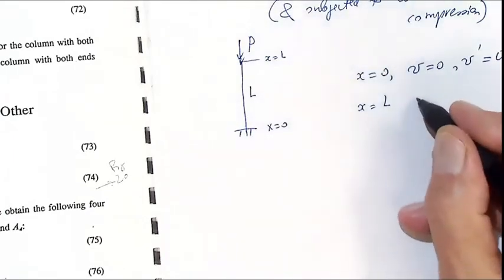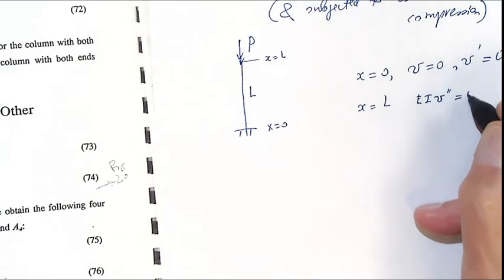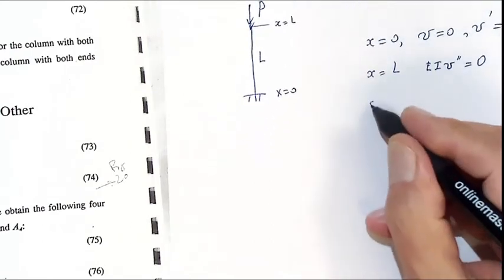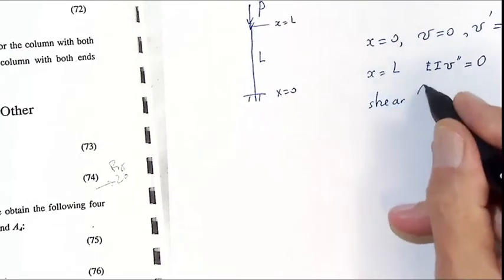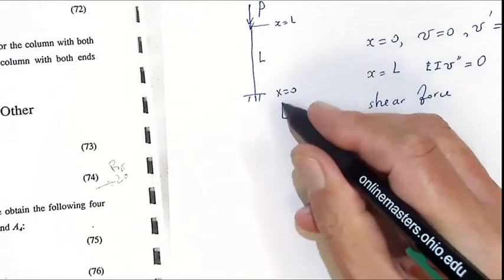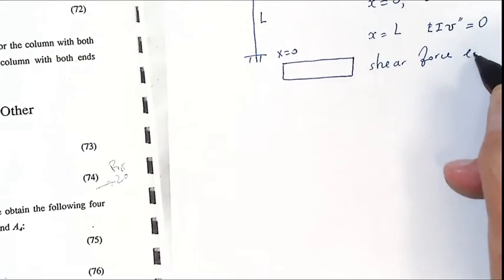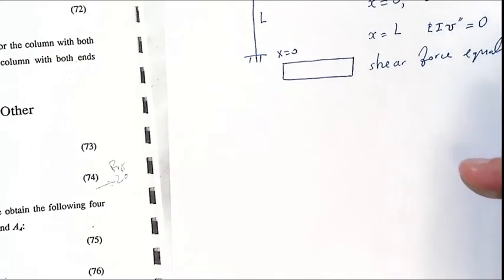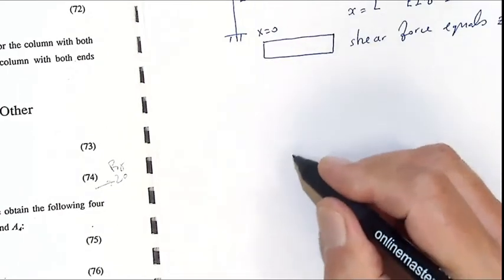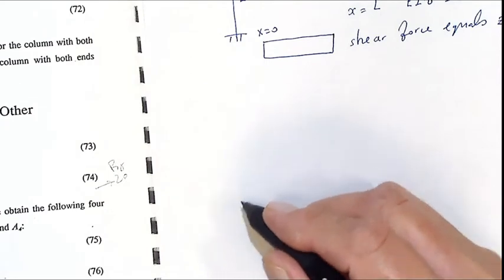And that means EI V double prime is 0. And then shear force. We will leave here one word space. Shear force equals 0.